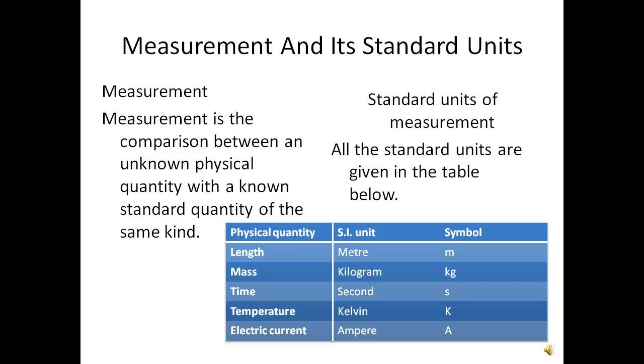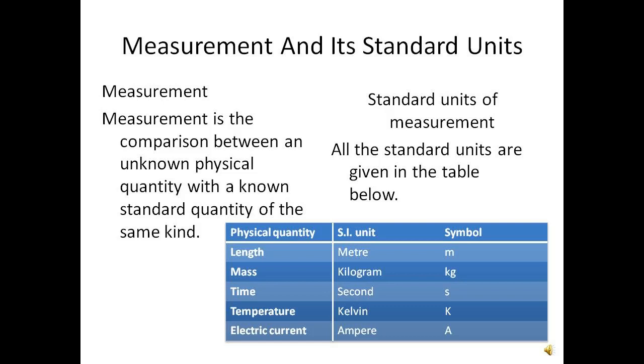Mass, its SI unit is kilogram and its symbol is kg. Time, SI unit seconds, symbol s. Temperature, SI unit Kelvin, symbol K. Physical quantity, the last one, electric current, its SI unit is ampere and the symbol is a capital A.